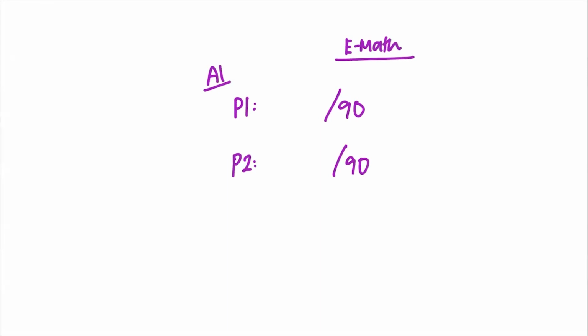Anyone want to give me a guess of what score you need to get an A1 for E-Math paper 1 and paper 2? 80.